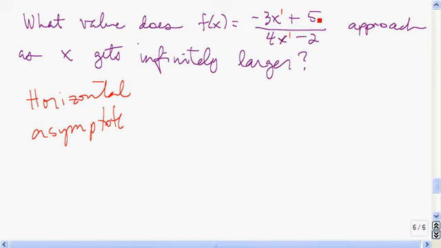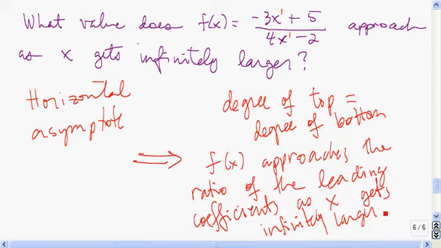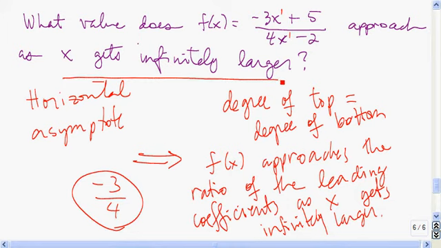Whenever the degree of the numerator is equal to the degree of the denominator, the value that the function approaches as x gets infinitely larger is the ratio of the leading coefficients. The leading coefficient of the numerator is negative 3, the leading coefficient of the denominator is 4, so the function approaches the value negative 3/4 as x gets infinitely larger.